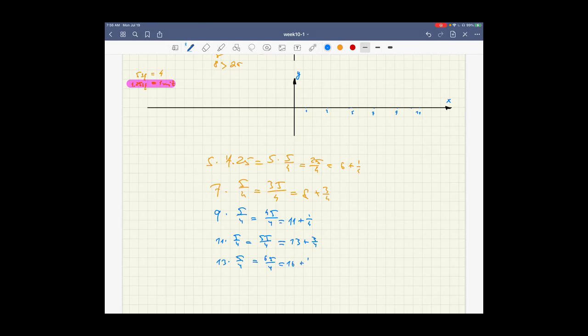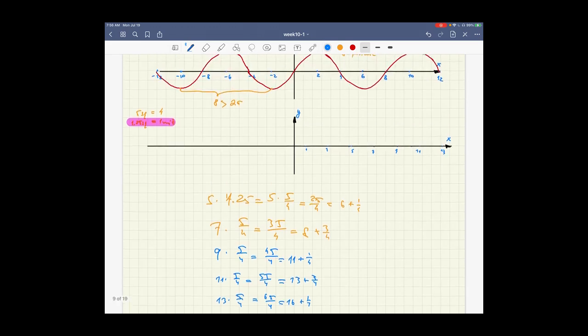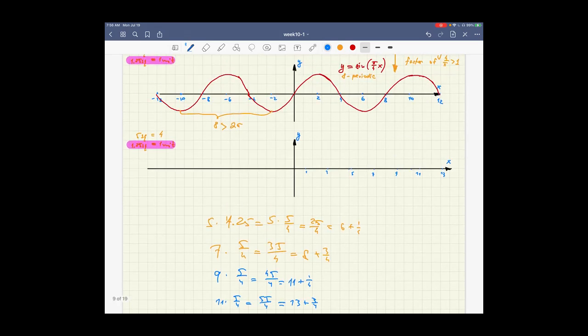That's 16 plus a quarter. All right. And so at 1 we have a max, at 3 we have a, excuse me, vice versa. We shift this to the right. At 1 we have a 0, at 3 we have a max. And at 5 we have a 0 again.